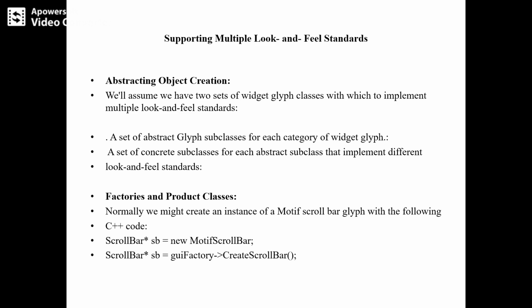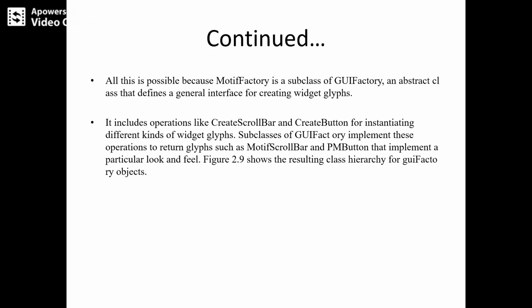But suppose we initialize sb as follows: ScrollBar star sb is an object of the GUI factory, instantiated by create scroll bar. GUI factory is nothing but the graphical user interface factory class.